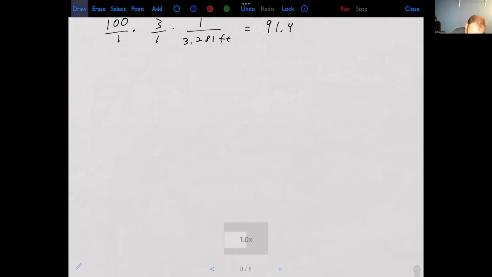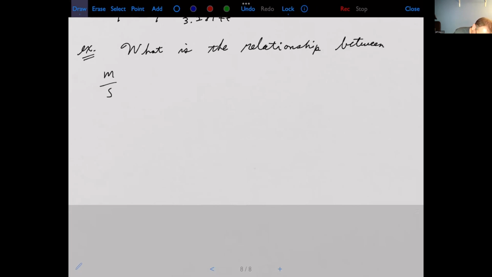Okay, so I mean, this is something you could look up, but let's say we want to derive it ourselves. So I'll say, what is the relationship between meters per second and miles per hour?